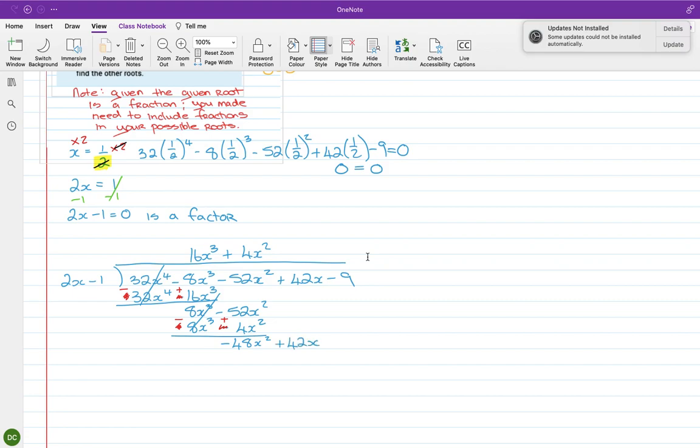So we're going 2x into the minus 48x squared, which is minus 24x. Multiply that by the 2x minus 1, and I get minus 48x squared and plus 24x.